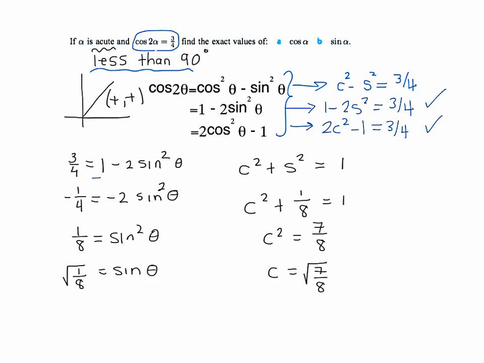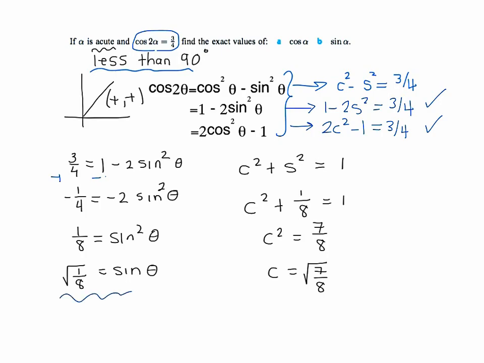So you get negative 1 over 4 is equal to negative 2 sine squared alpha. Dividing by negative 2 on both sides, which is the same thing as multiplying by negative half, the negatives become positive and you're left with 1 over 8. Square root both sides, you get plus or minus, but in this case you're only considering less than 90 degrees, so the value has to be positive. So it'll be positive square root of 1 over 8.